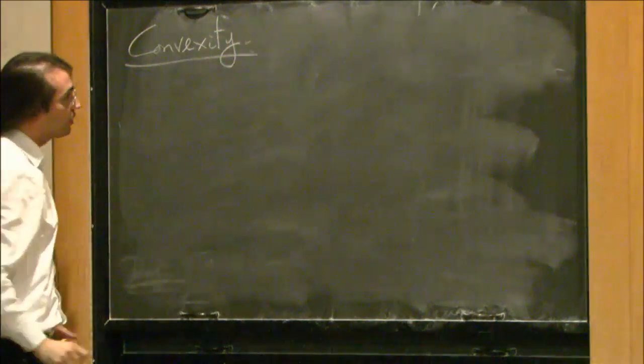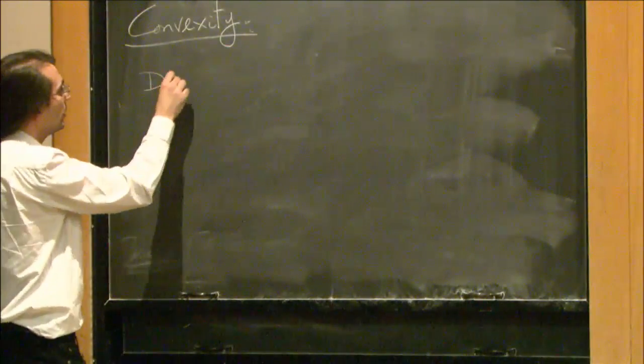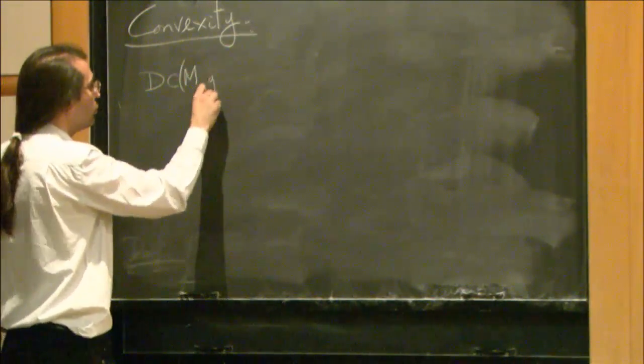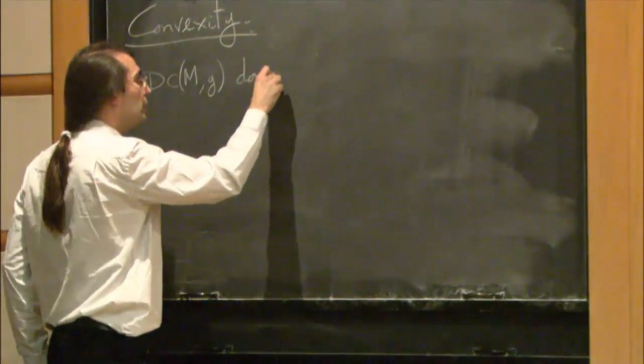So convexity. In Riemannian geometry, there is a whole zoo of convexity notions. But in my case, say I've got a domain D inside M with smooth boundary.